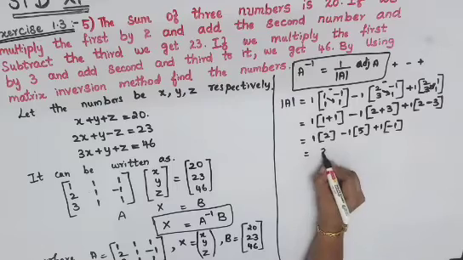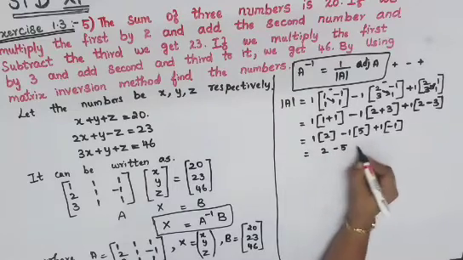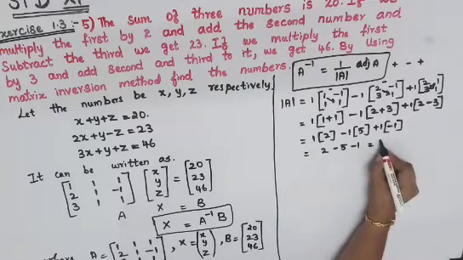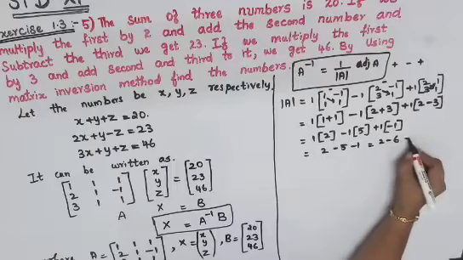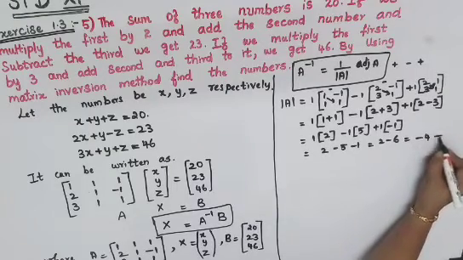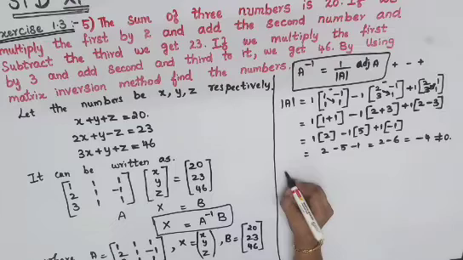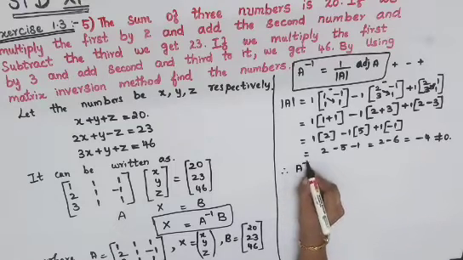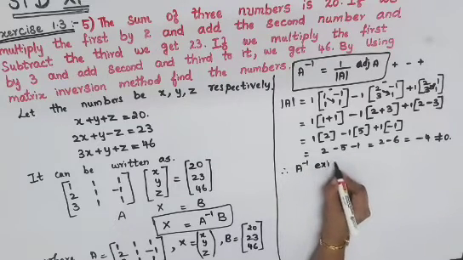So which is equal to 2 minus 5 minus 1, which is equal to 2 minus 6, that is equal to minus 4, which is not equal to 0. Therefore you can declare as A inverse exists.